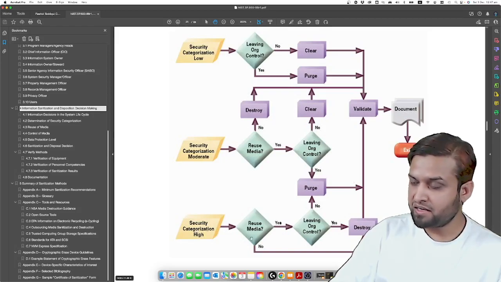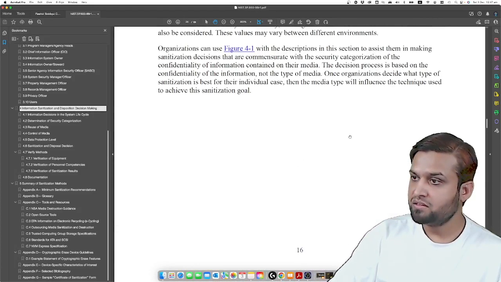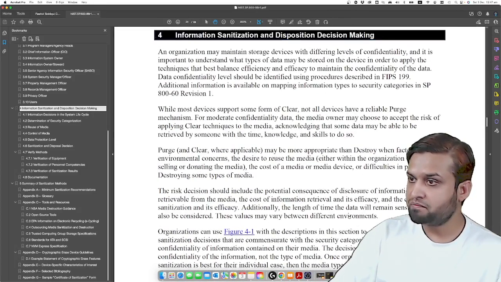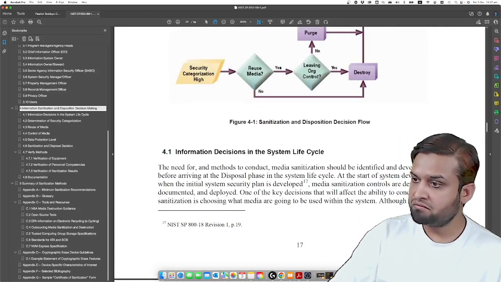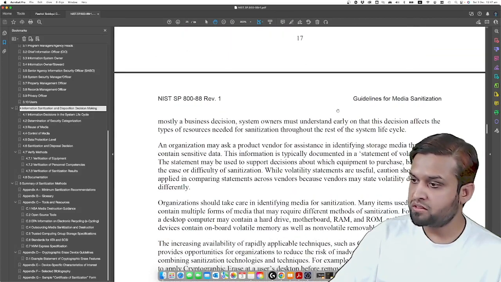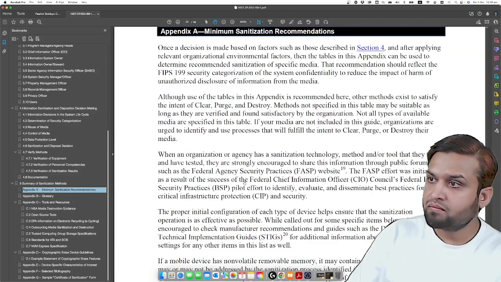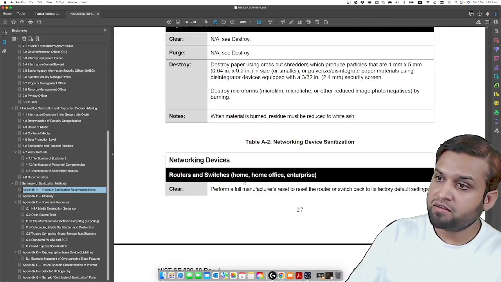But for highly categorized data, whatever the case, if it is leaving the organization, it has to be destroyed. So this is important, and we should know it. If you know it, then you can answer most of the questions framed around this. Yeah, so this is very important.